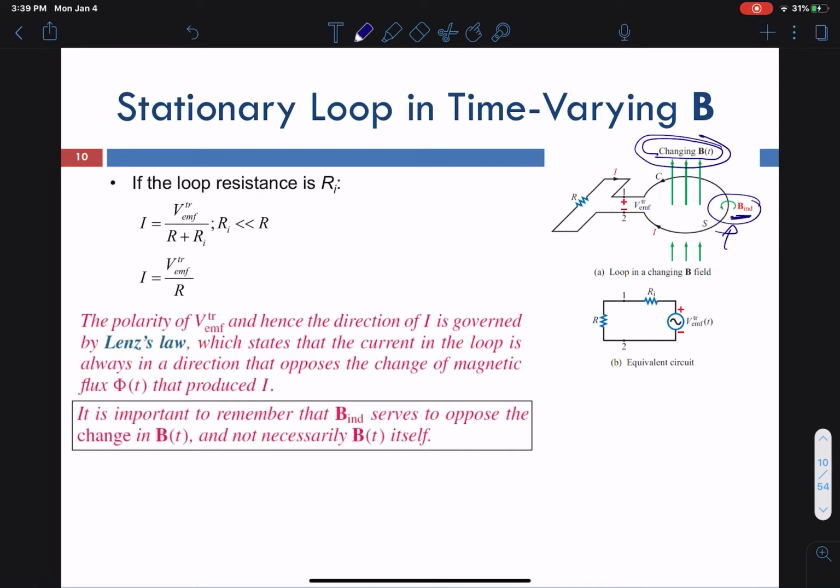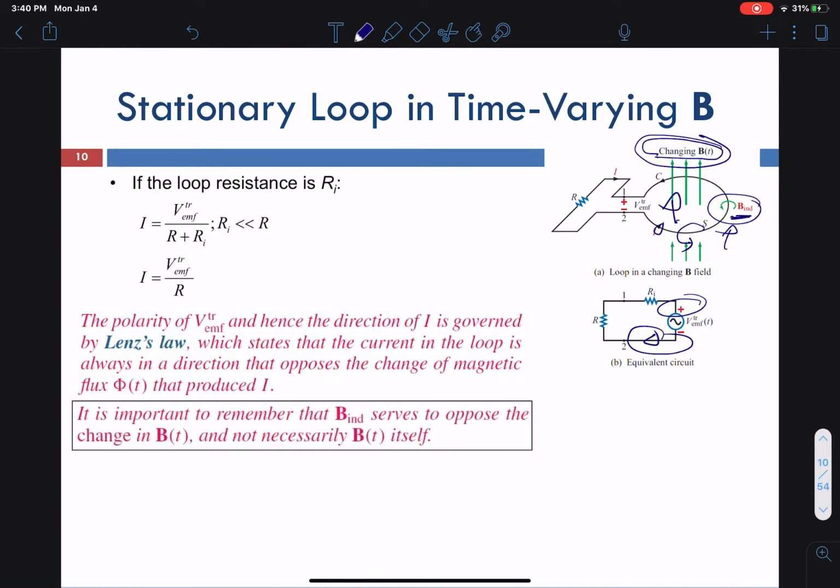So for example, if your B(t) is increasing this way, the induced flux would be increasing the other way around, right? So it's going down to oppose the increase. To do that, your current goes that way. That means your current is here, right? So you can see that your positive polarity and current direction do not match.